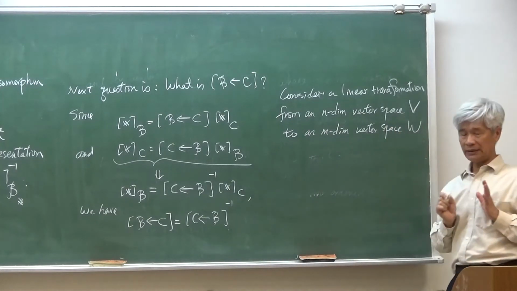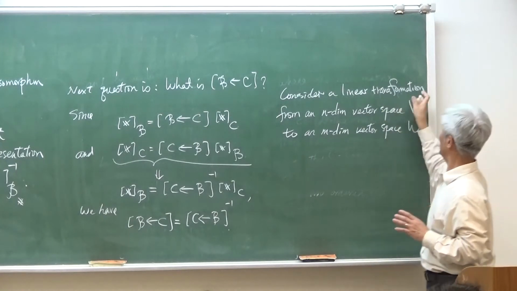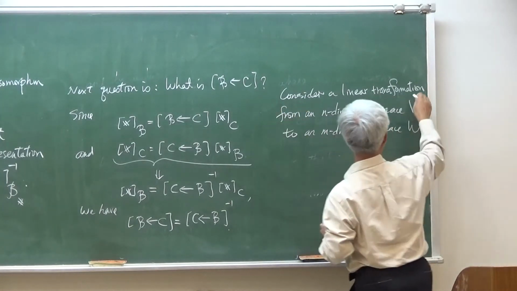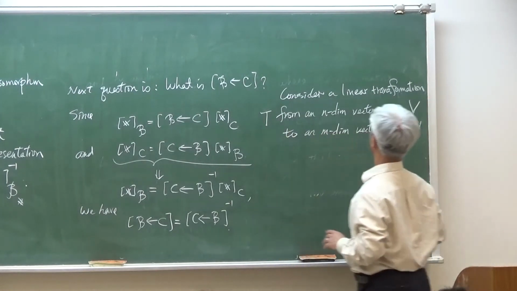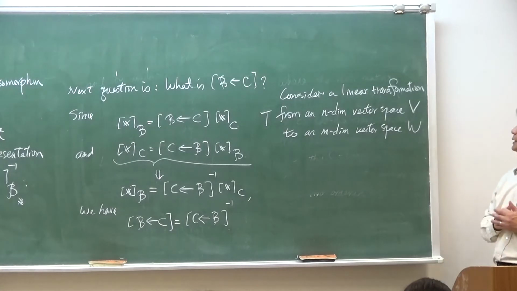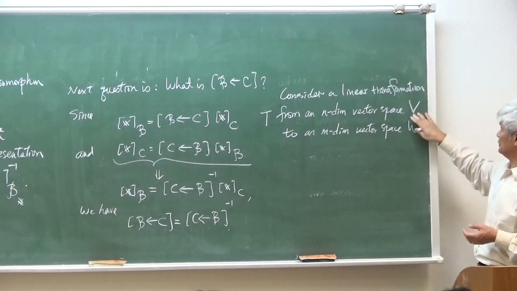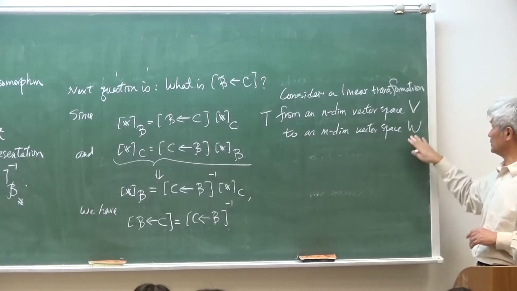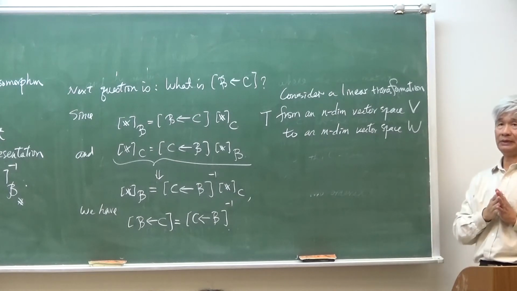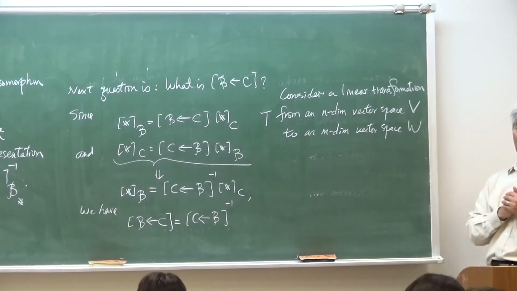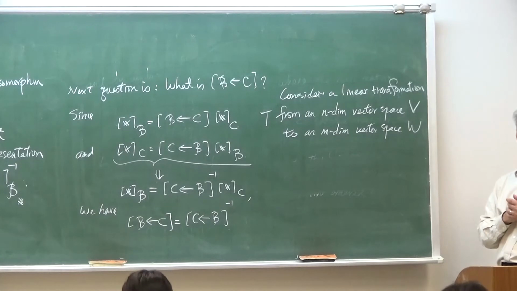So V is the domain of the linear transformation T. The domain V is n-dimensional, and the codomain W is n-dimensional. So we consider such a linear transformation.